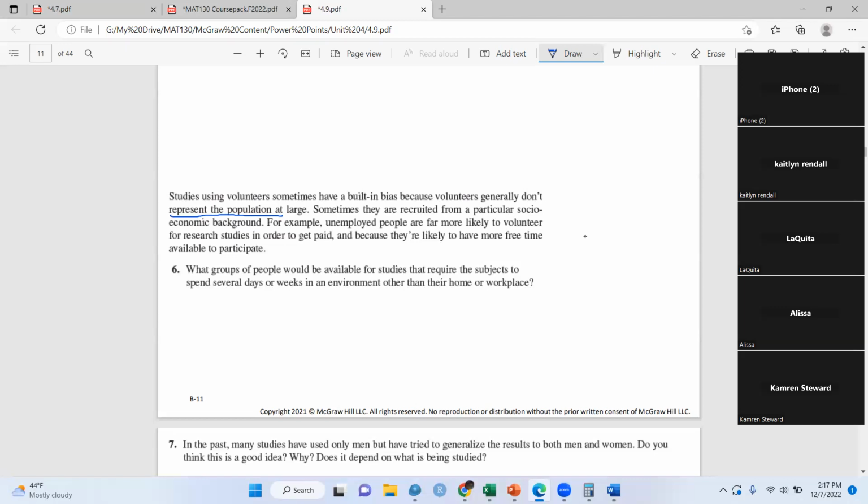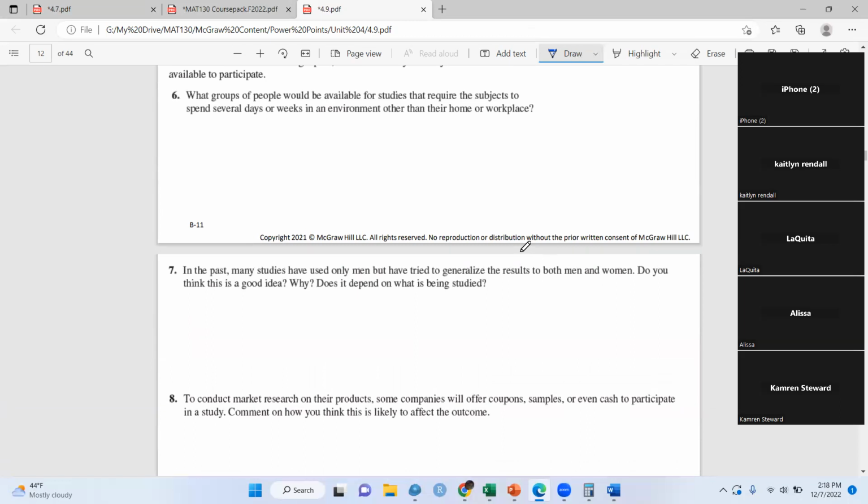That's an example of volunteers being paid, and you get a bias. So maybe you get a particular socioeconomic subset, people that need the money will go participate in the study more so than just a random set of people. That means you can't generalize it to a larger population.